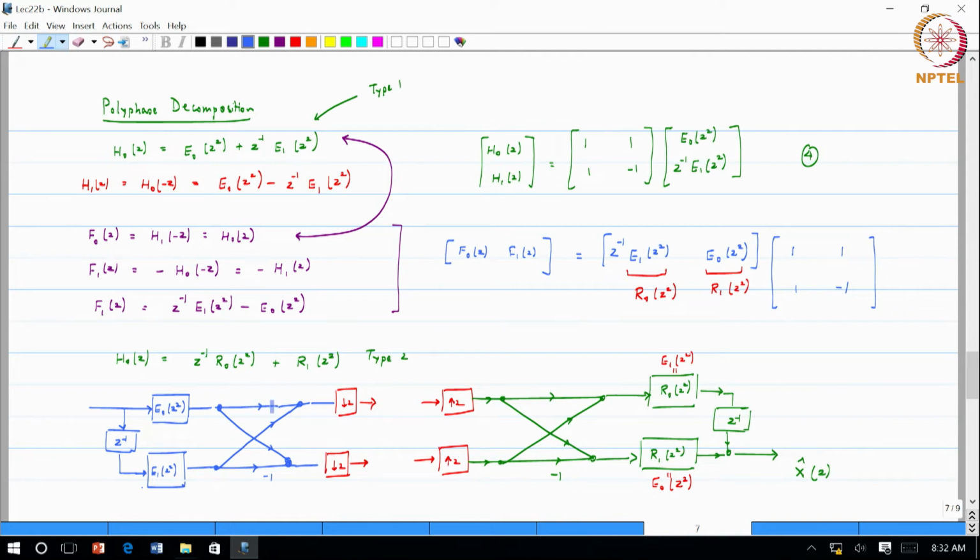So, you will get a multiplication factor of 2, upper branch will be E0 of Z, on this side it will be E1 of Z, this one will be E1 of Z, this one will be E0 of Z.